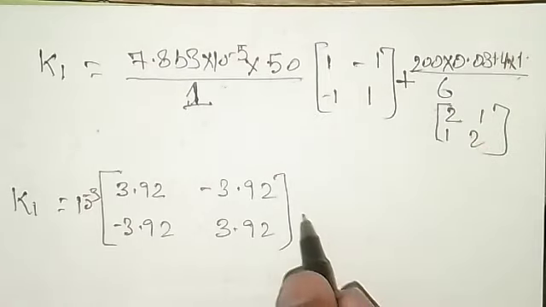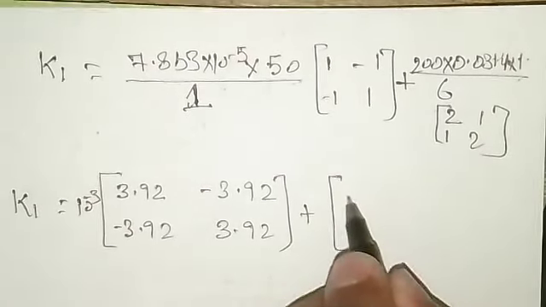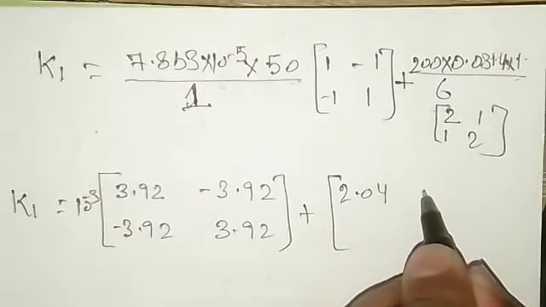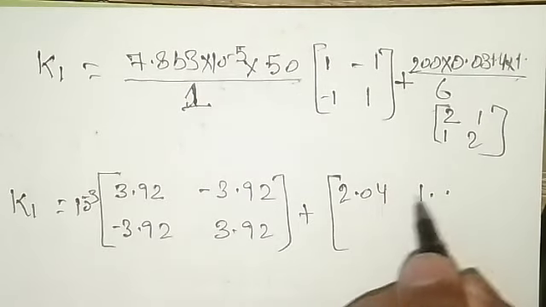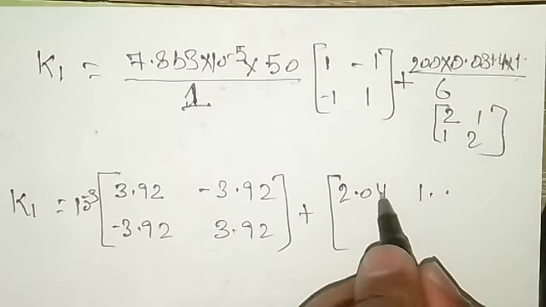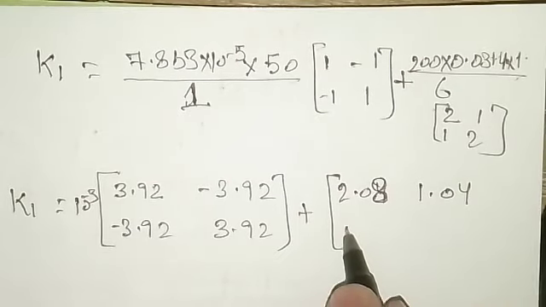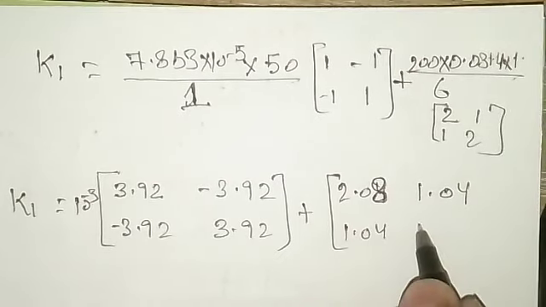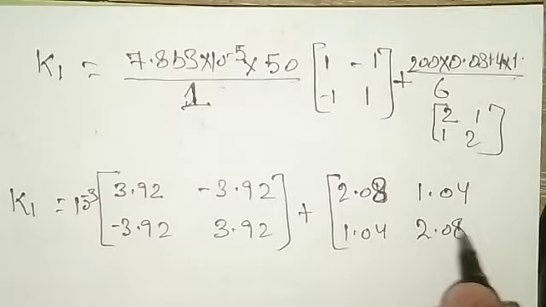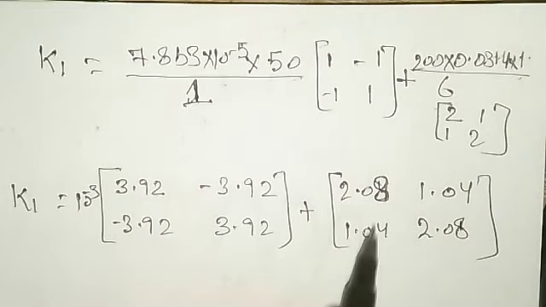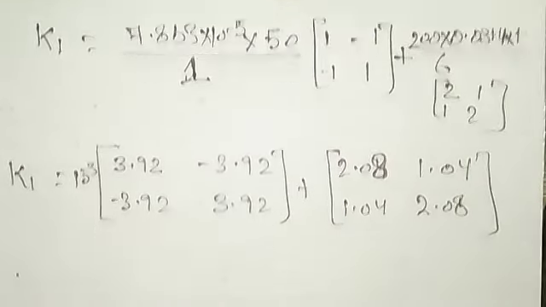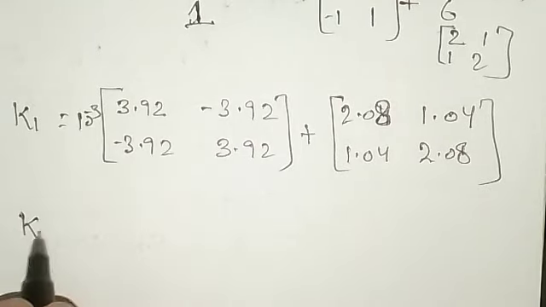And this term you have plus 2.04, this is the 2.08, right? And this is 1.04, this is 1.04 and this is 2.08, right? So now you can add this. So K1 will get that 2 by 2 matrix.